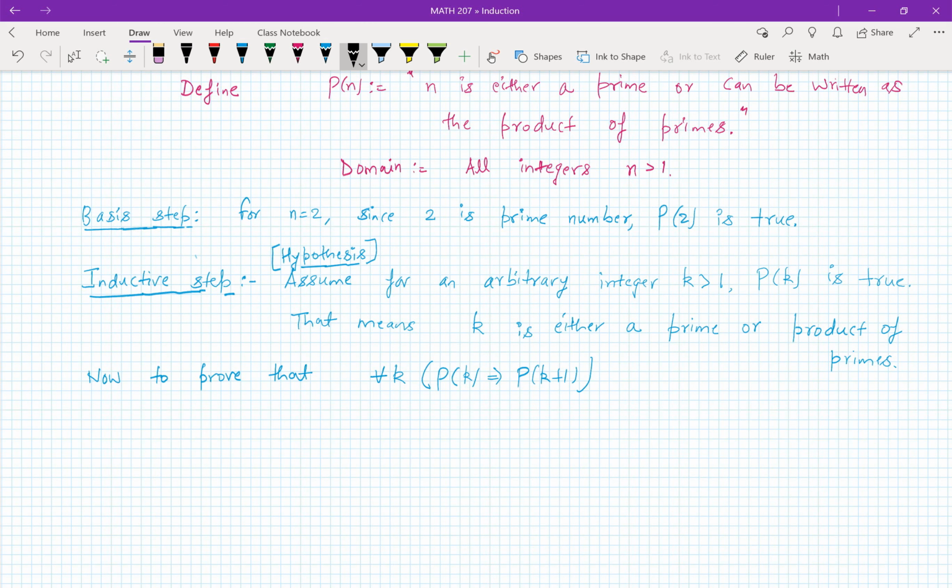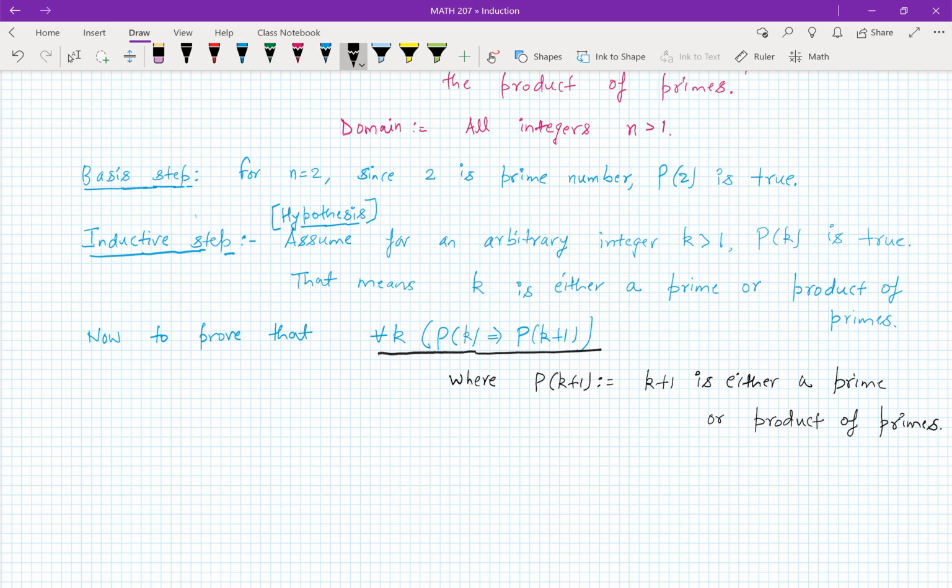Under this hypothesis, I have to prove that for every k, if P of k is true, then P of k plus 1 is also true. That means I have to prove that if k is either a prime or a product of primes, then k plus 1 is either a prime or a product of primes.